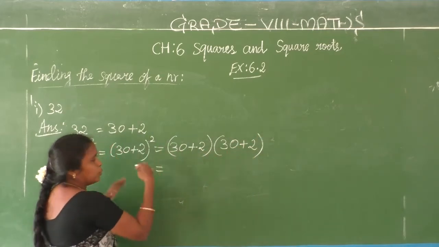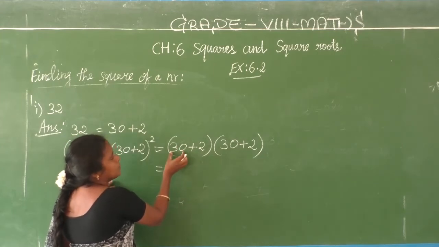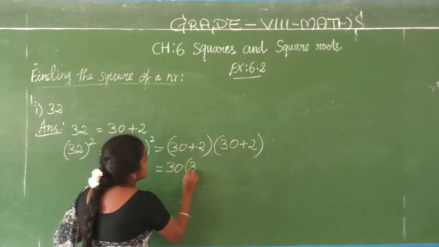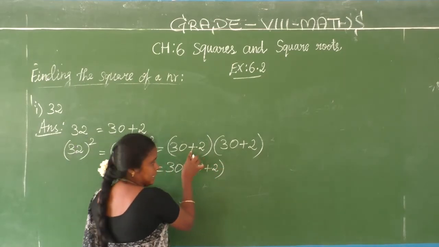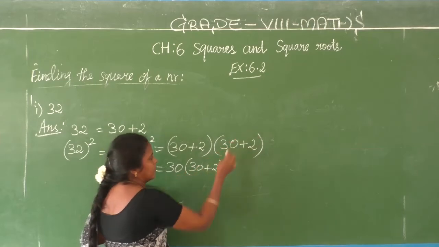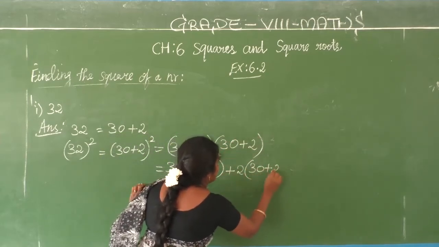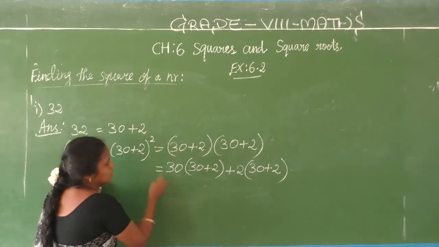Now we have to open the bracket. First I am taking this 30 for multiplication with this: 30 into 30 plus 2. Plus, by the second term we have to take the bracket: plus 2 into 30 plus 2. Now inside, in the first part we have to open the bracket.